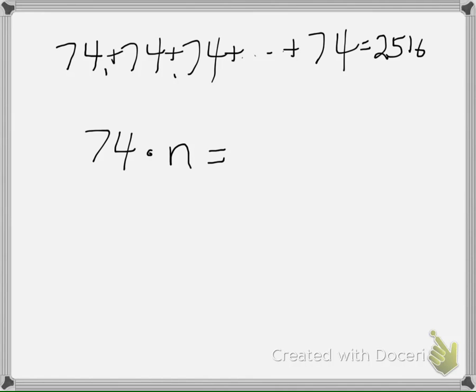And since we don't know how many they are, but I know if there are 20 temperatures, I'm going to have 74 added together 20 times, right? If there are 12 temperatures, then I'm going to have 74 added together 12 times, right? Everyone with me? So we can do 74 times however many temperatures there are, and that should equal our 2,516. And then you can just divide to find out what your n is.